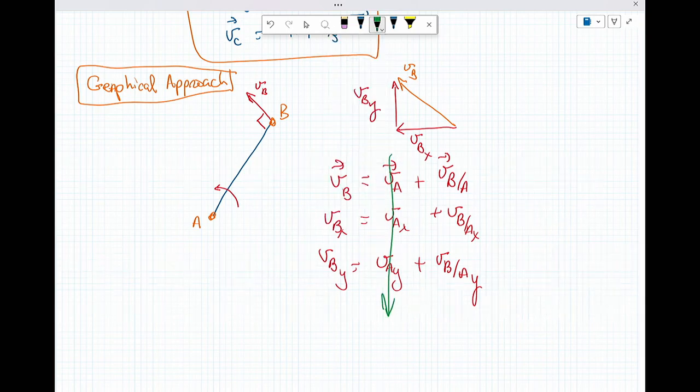And recognize that the velocity of A is 0 because there's no translation of the pin point.